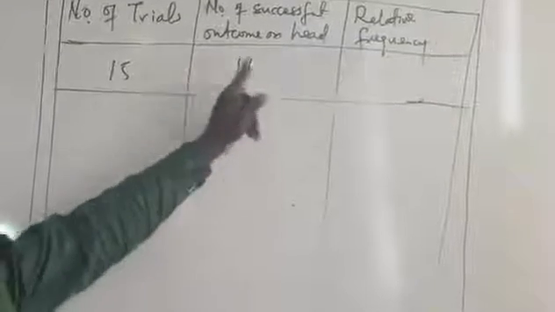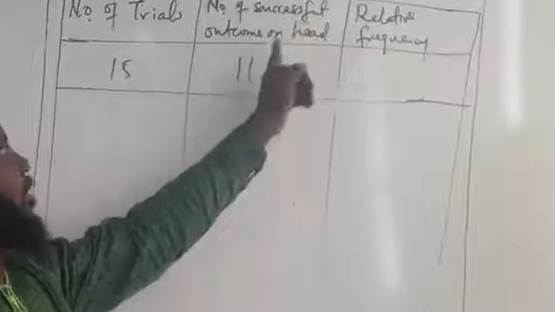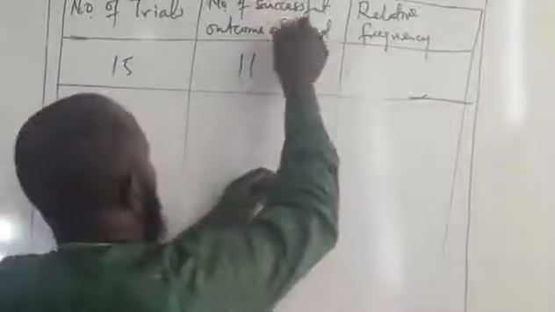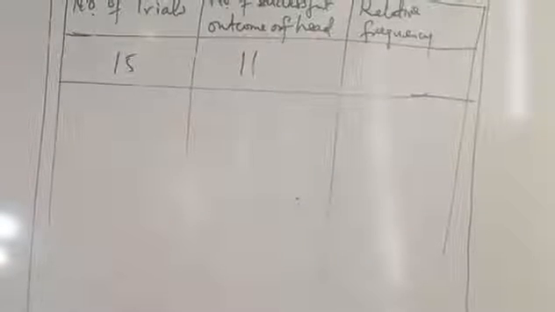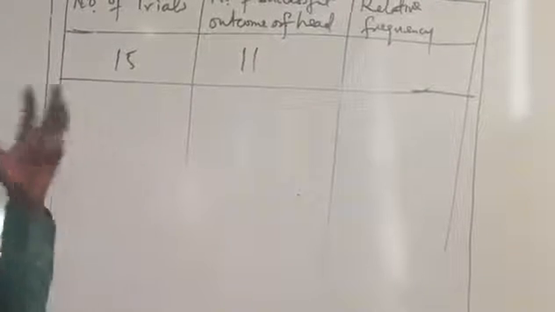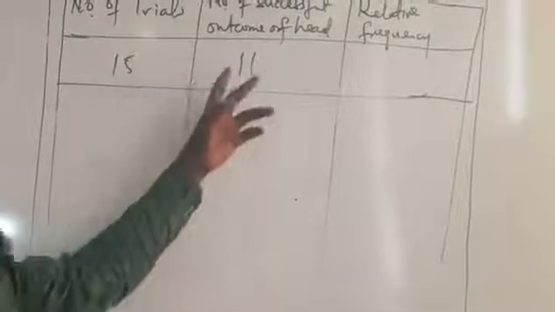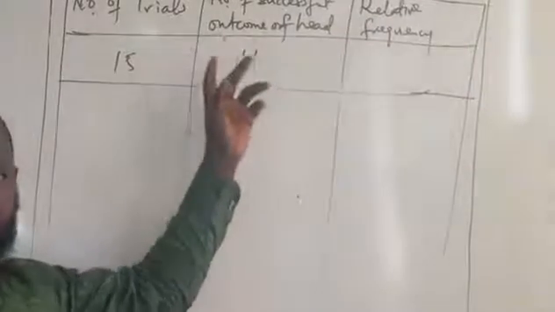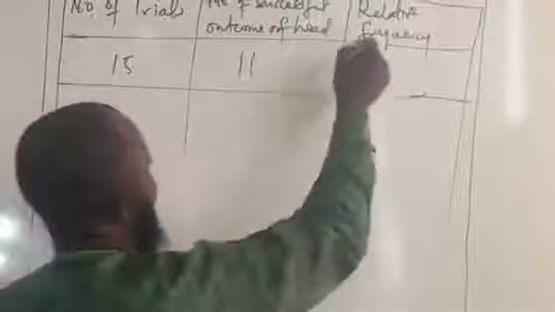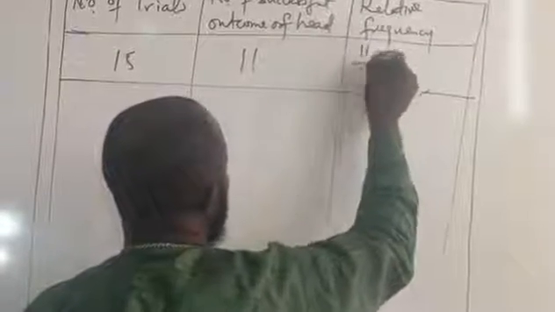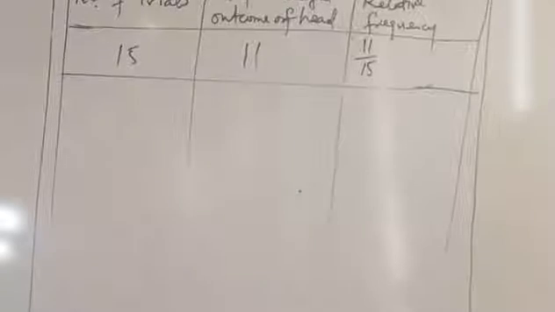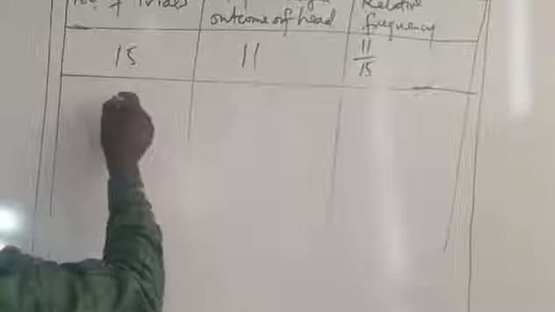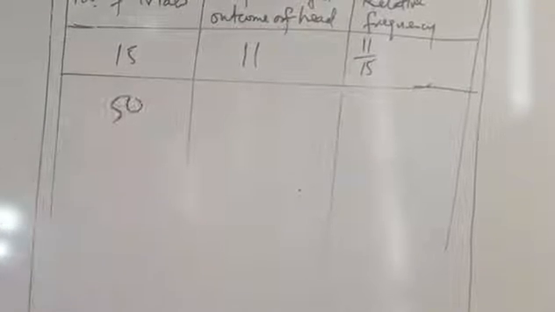Relative frequency here will be the number of successful outcomes of head divided by the total number of trials. How many times have we tossed the coin? 15 times. And out of the 15 times, we got 11 heads. So in that case, relative frequency will be 11 divided by 15. That is experiments.